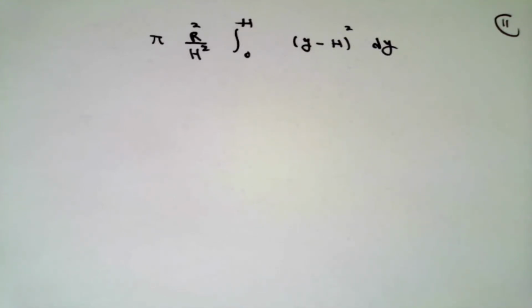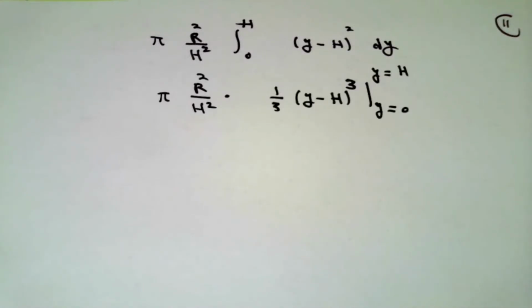If you want to be picky about it, do a u substitution with u equal y minus h. In the end, though, you'll find out that the following is true. You'll find out that an antiderivative of y minus h squared is 1/3 y minus h cubed.